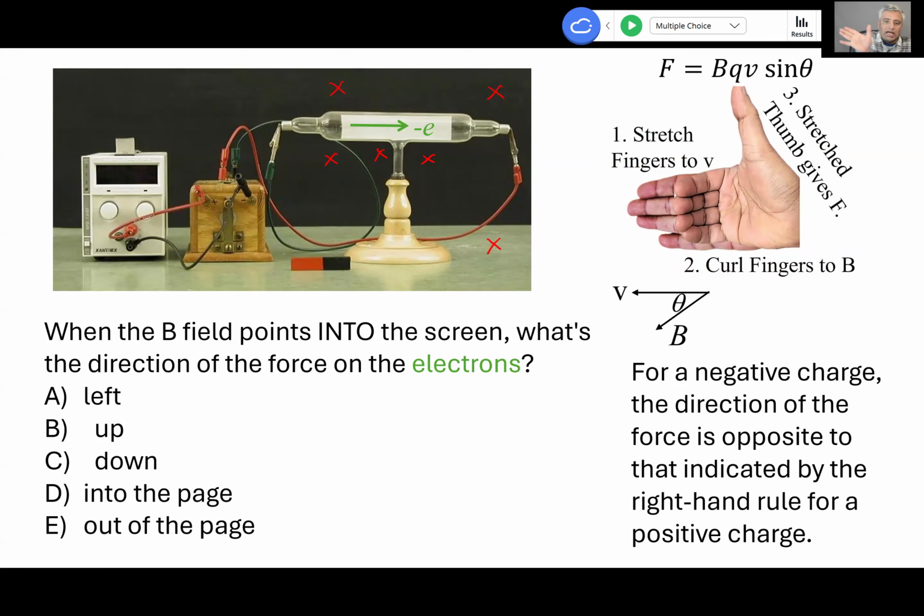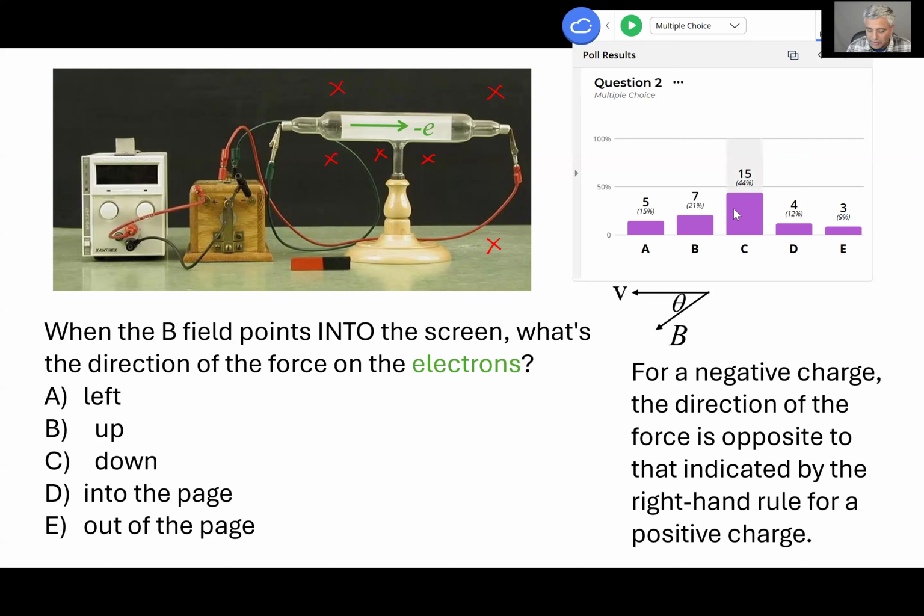I am orienting something like that, and since B is going into the screen, I'm doing that. So my thumb points up, and that would be for the positive charge. But this being the negative charge, I need to reverse that direction. So that's why it is down. So looks like C is the correct answer, just like many of you indicated.